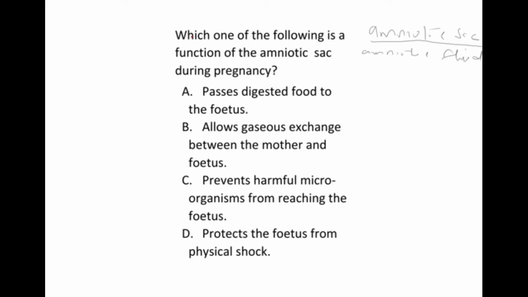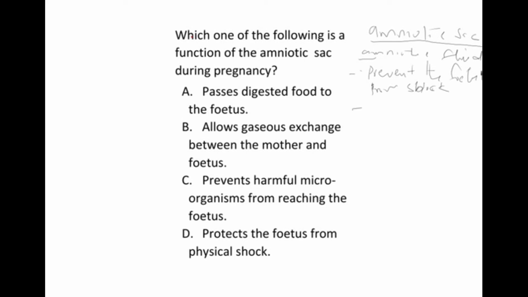The amniotic fluid has several functions, and one of the functions is to prevent the fetus from shock that might occur from any sort of injury.